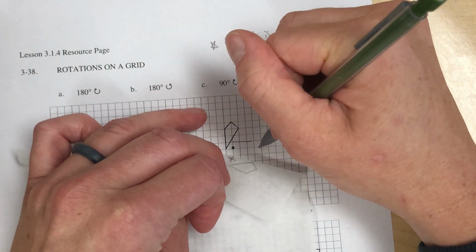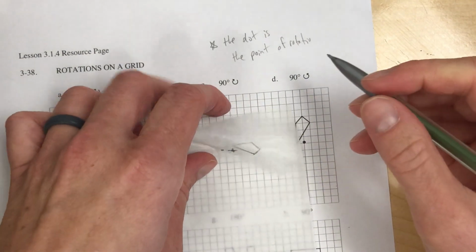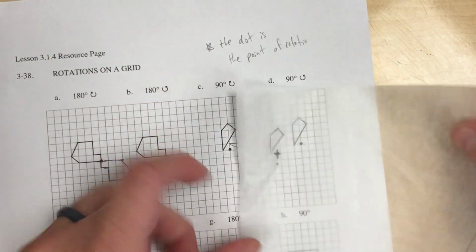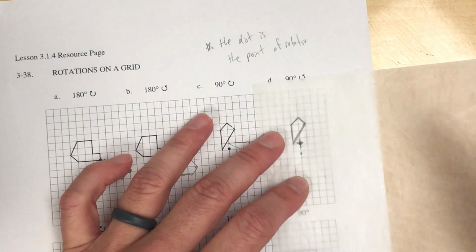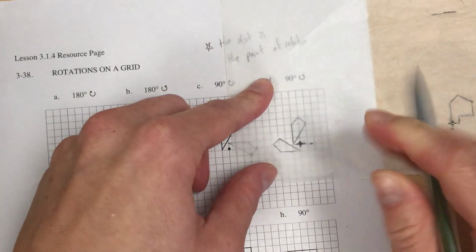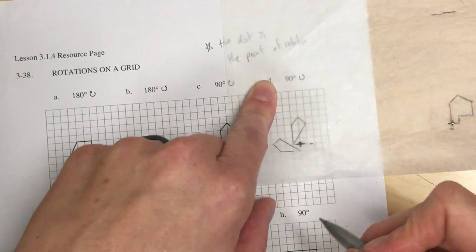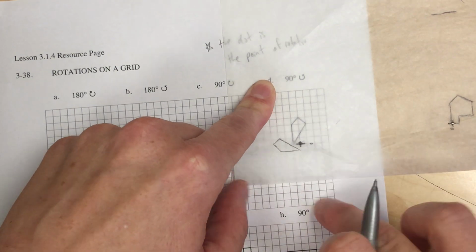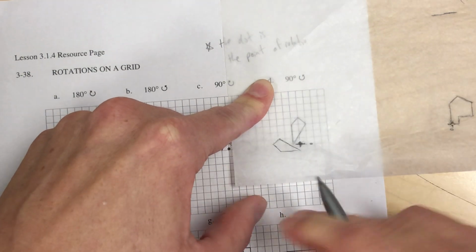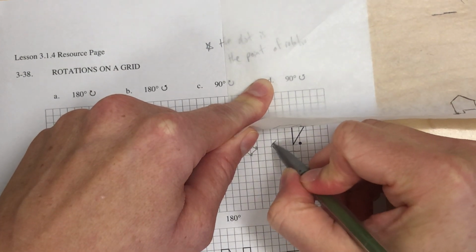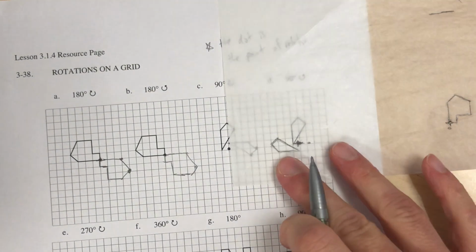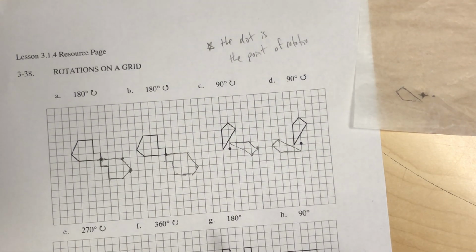Down 1, over 1. And then connect. Then we'll do the same thing over here, and then go in the opposite direction. Right there. One over 1. So something like that. Notice 90 degrees does make a difference.